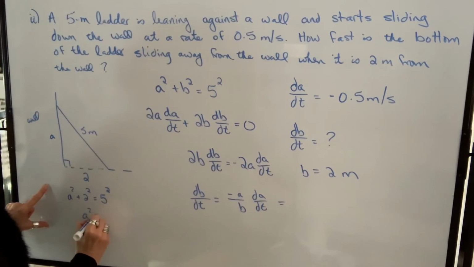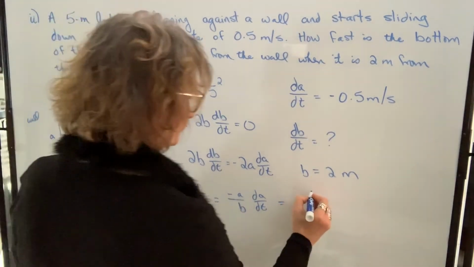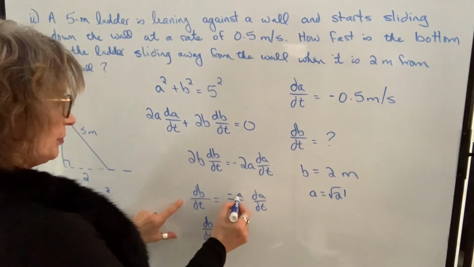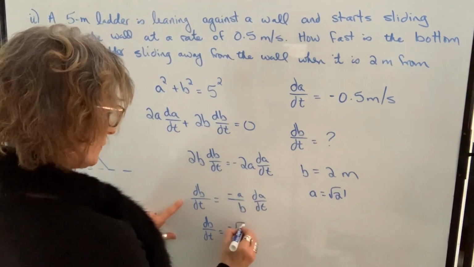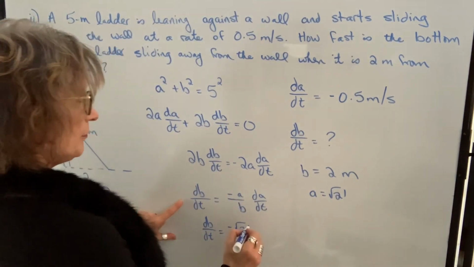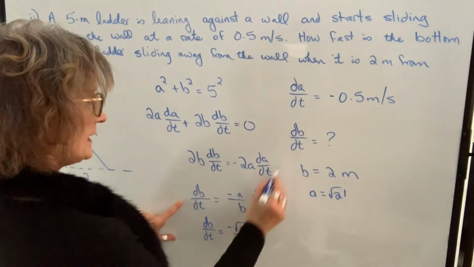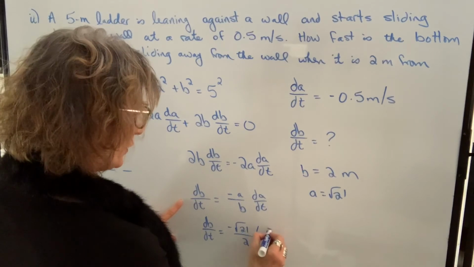So a squared will equal 25 minus 4, which is 21. So a will be equal to the square root of 21. So I plug my values in. a is the square root of 21. b is 2. And dA/dt is negative 0.5.